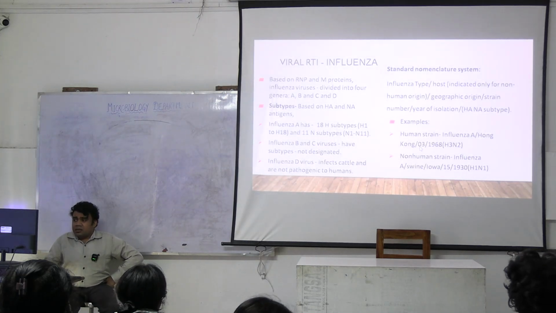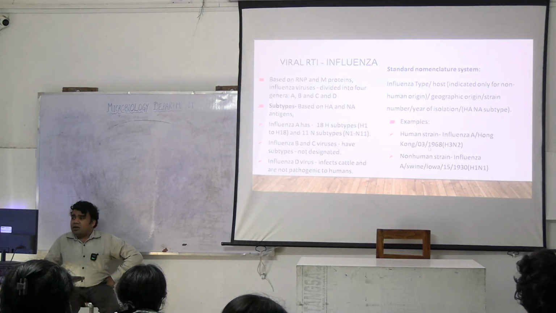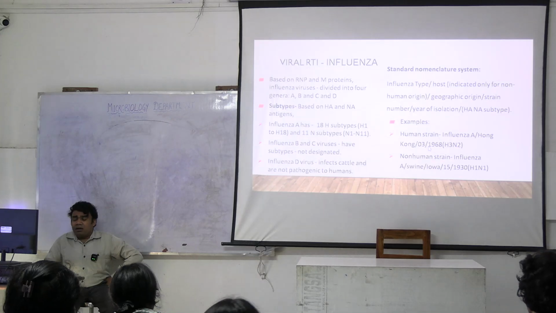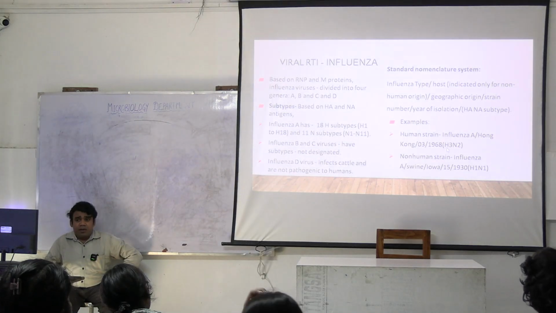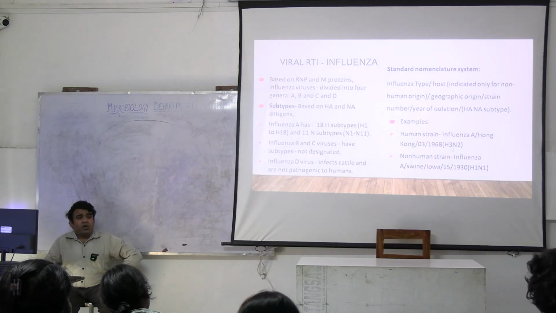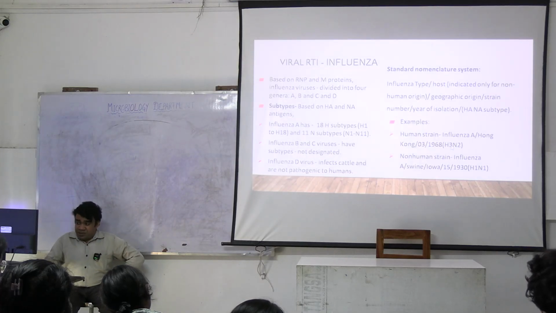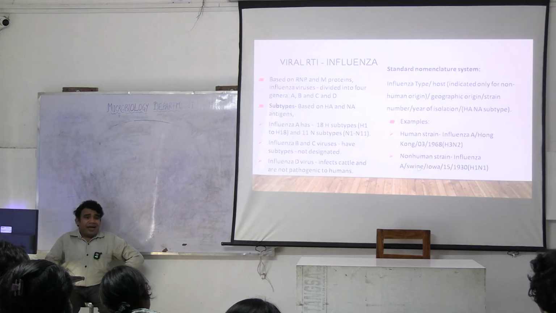That is 2003. Then, this is the strain number, then 1968 is the year, and then it is the strain subtype H3N2. Similarly, if it's of animal origin, we have to mention the animal.